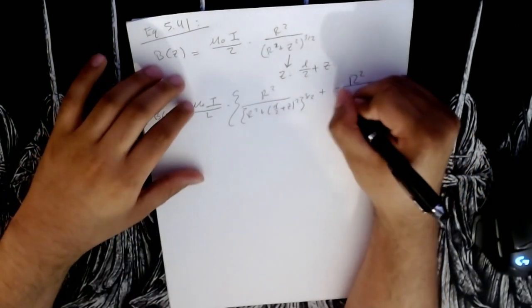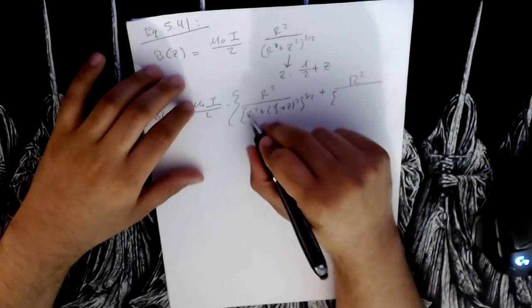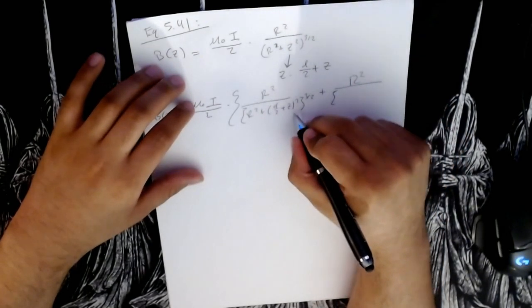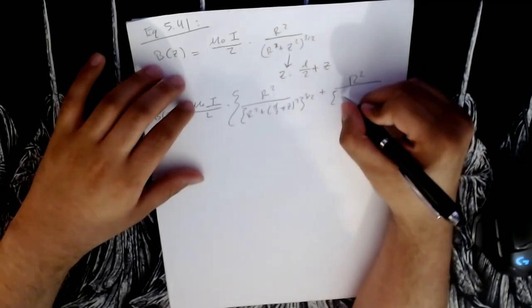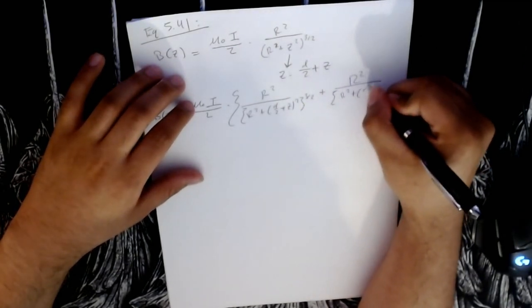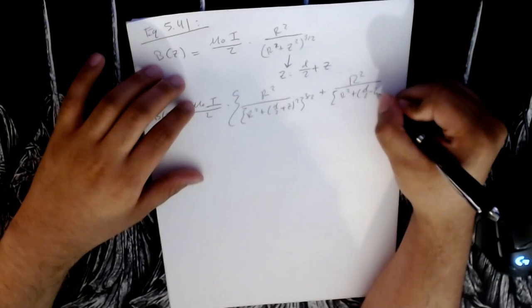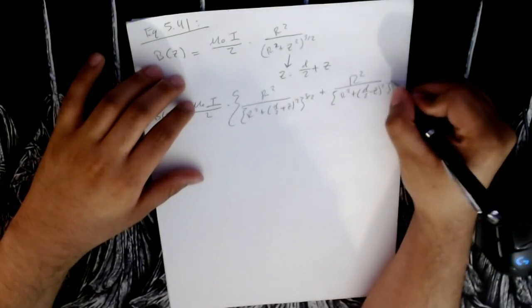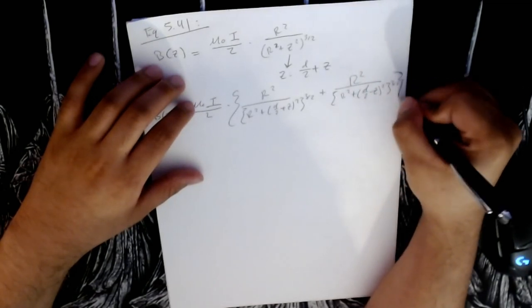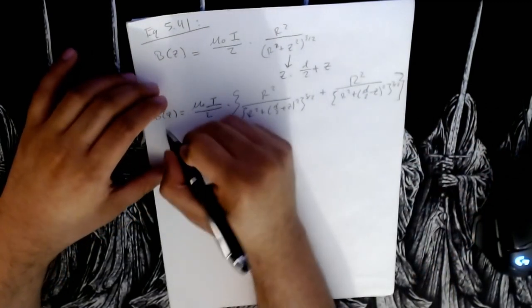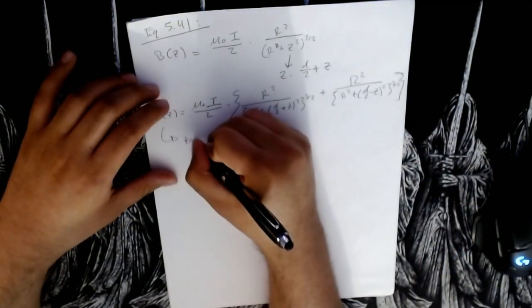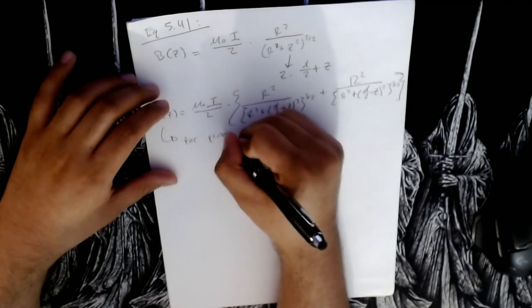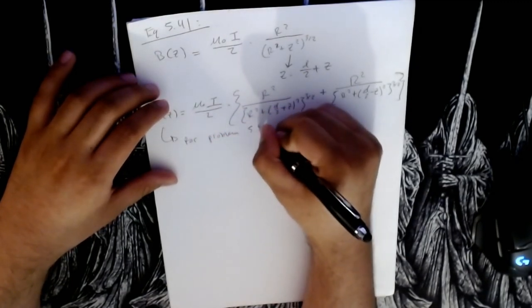The only difference is that instead of r squared plus (d/2 plus z) squared, it's going to be r squared plus (d/2 minus z) squared, to the 3/2. And this will be for problem 5.47.